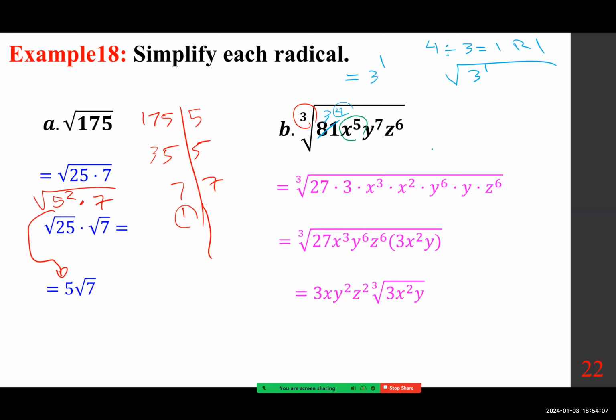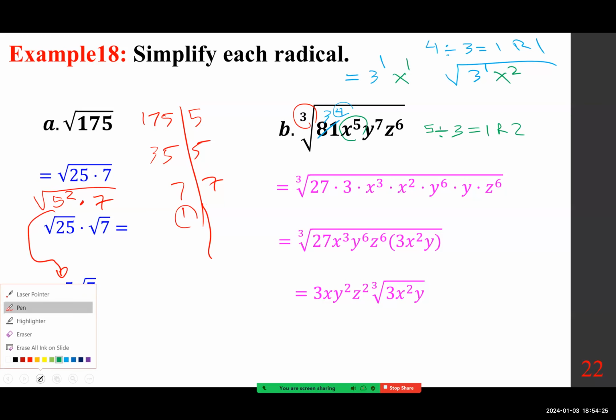X to the power of 5. Divide 5 by the index 3, you get 1 with the remainder 2. So you get x to the power of 1 out, x to the power of remainder in. This one, the exponent is 7, divided by the index gives you 2 with remainder 1.